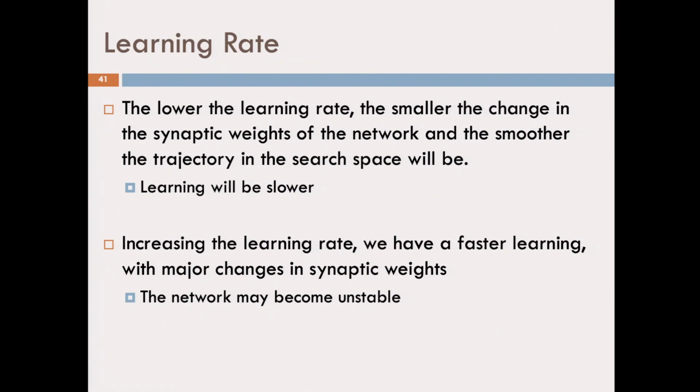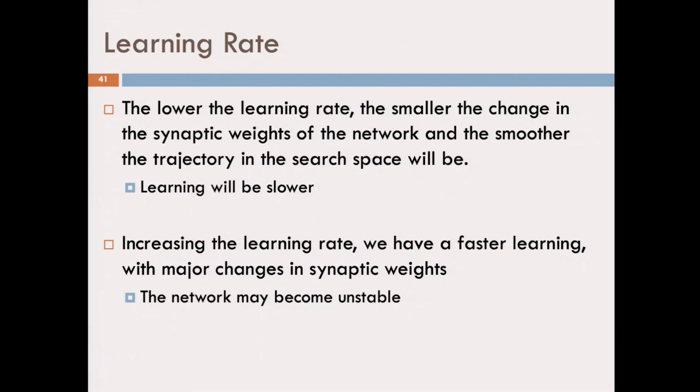Learning rate. Let's talk a little about learning rate. The lower the learning rate, the smaller the change in the synaptic weights of the network, and the smoother the trajectory in the search space. So the learning will be slower. Remember that drawing of the error surface? You walk on that error surface.